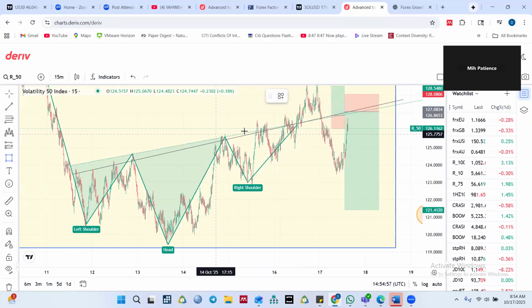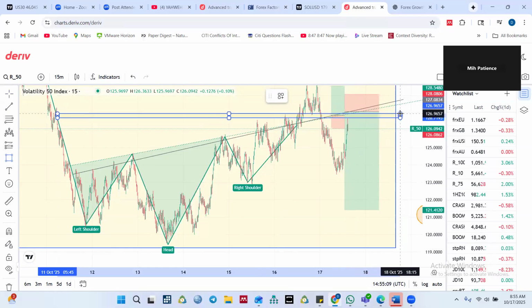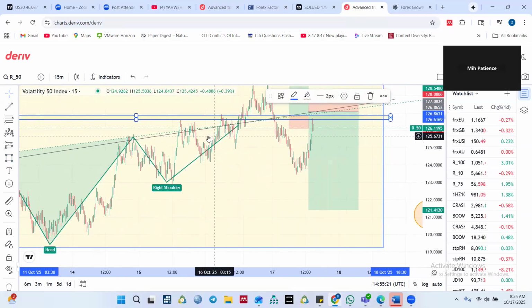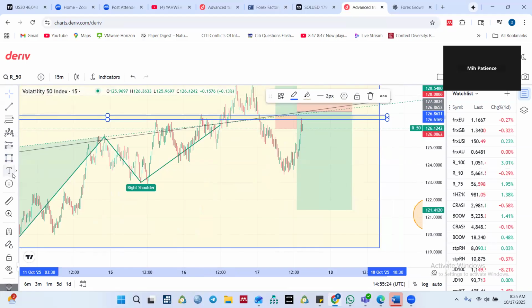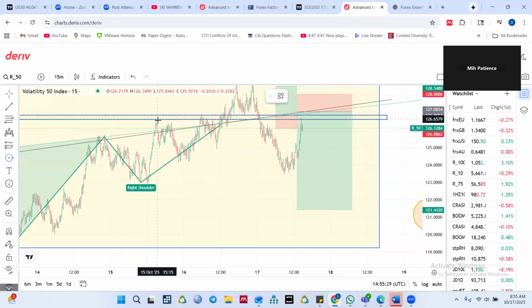Resistance is where sellers constantly keep pushing price down. So we can see here, you see the diagonal resistance and the horizontal resistance, they cross here. You can see that when price gets here, it hit that place.